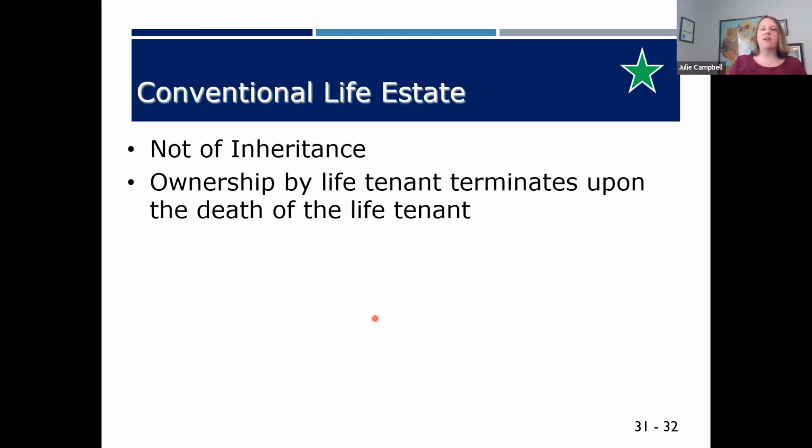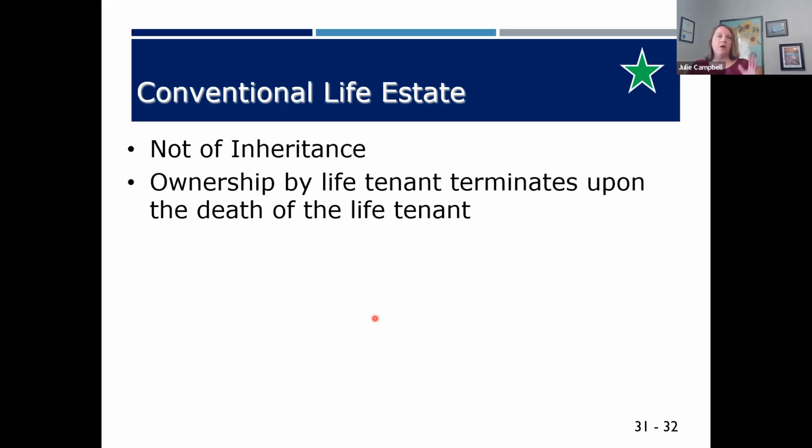The first one is called a conventional life estate. This is one of the estates that can't be inherited. And what this life estate says is that the owner owns the property for their lifetime. When their life is over, the property goes back to the grantor or on to a named third party. This is why it's not inheritable.